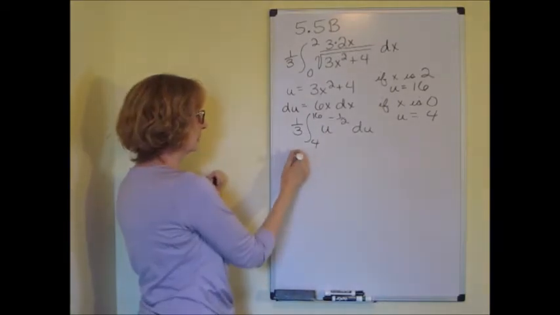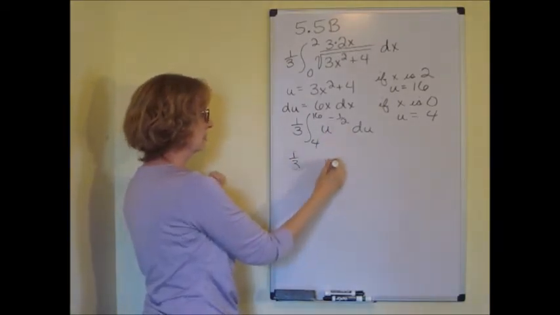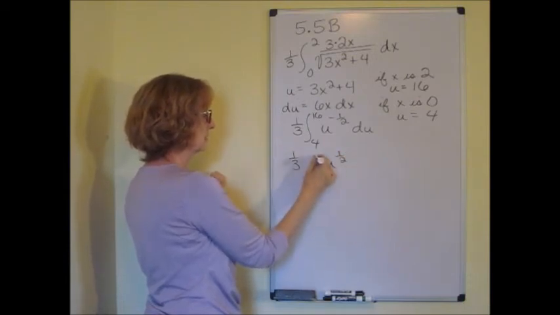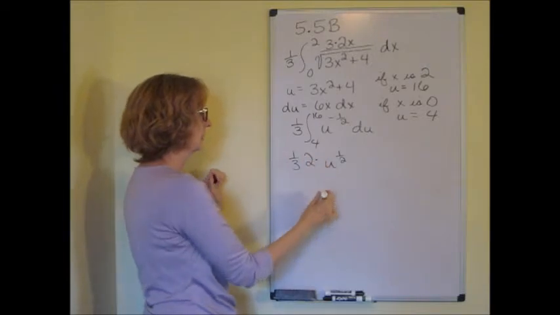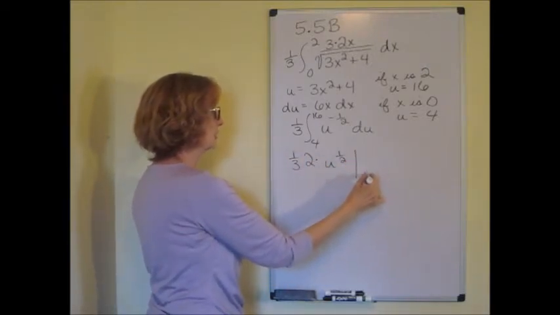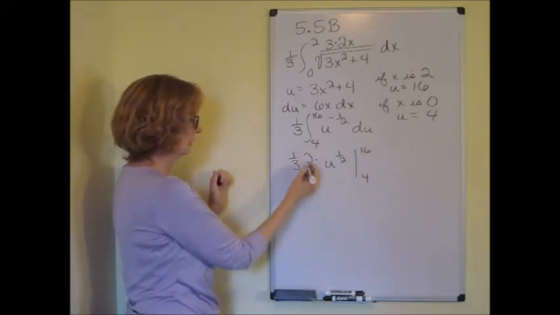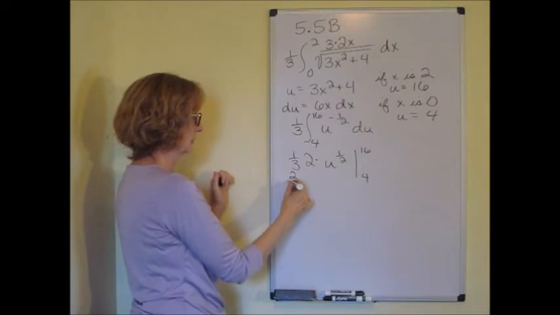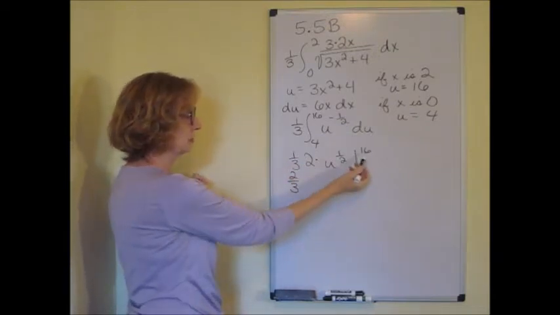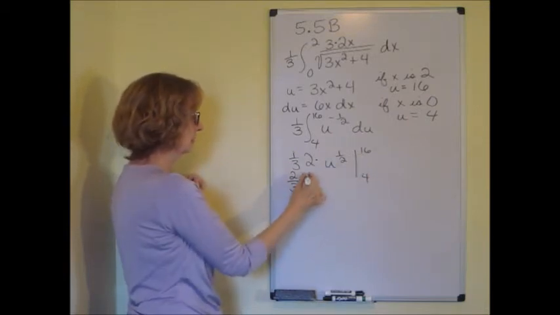Let's find the integral. So that's 1/3. Raise the power. That's going to be u to the positive 1/2, and then times 2, and we're going to take that from 4 to 16. So really I have 2/3, and then I'm going to plug in my numbers. Now this is u and 16 is a u, so I can plug it straight in.